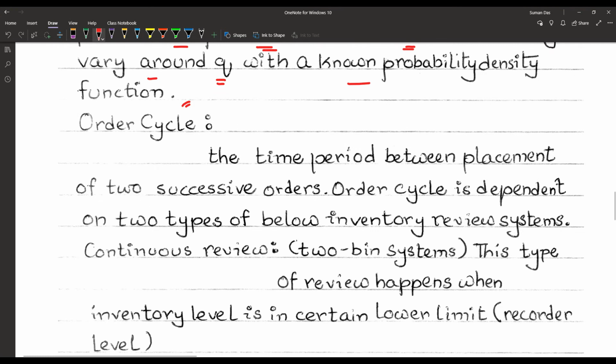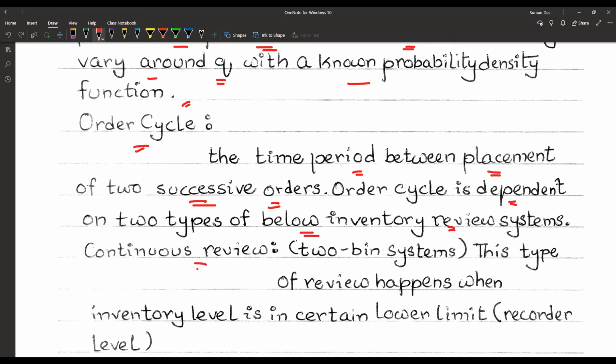Now the fourth one is known as the order cycle, and that is also very important. The time period between the placement of two successive orders is known as the order cycle. The order cycle depends on two types of inventory review systems.